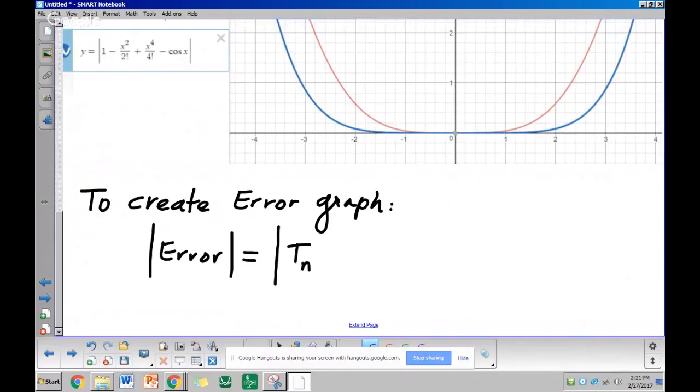I'm going to just put n, because whatever degree polynomial you want, minus f of x, whatever your function is that you're approximating. And since it's absolute value, does it matter which way you go? It doesn't matter.